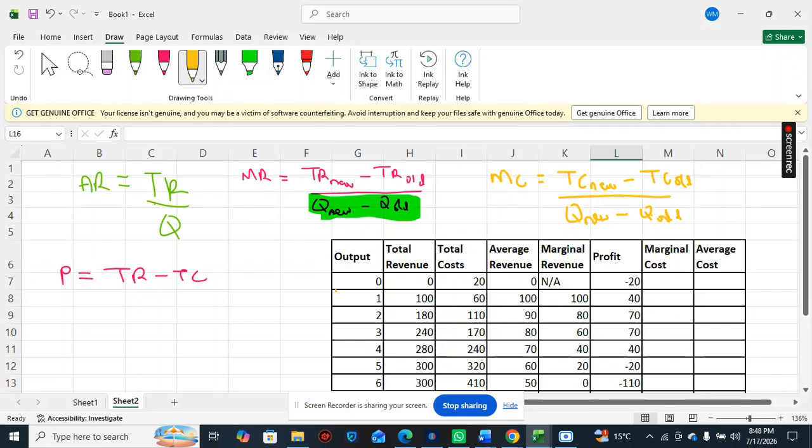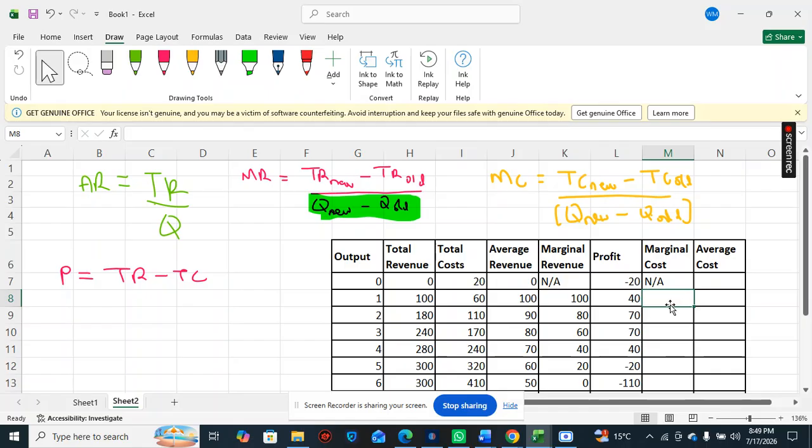As I said, since the output is increasing in units of 1, our denominator here is going to be 1. So you can just subtract the total costs to get your marginal cost. When we produce 0 units, there is no marginal cost.